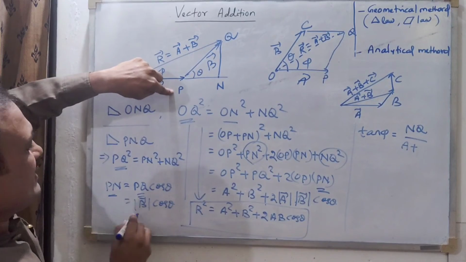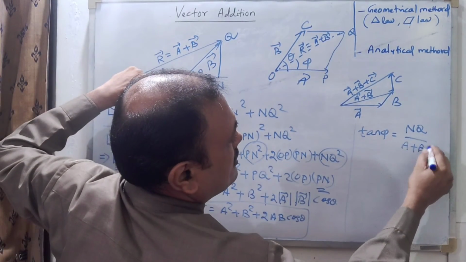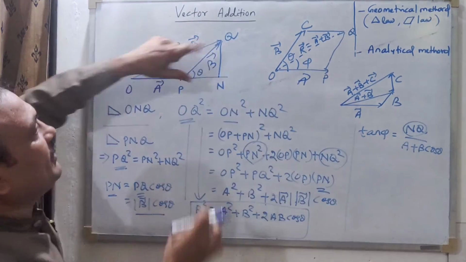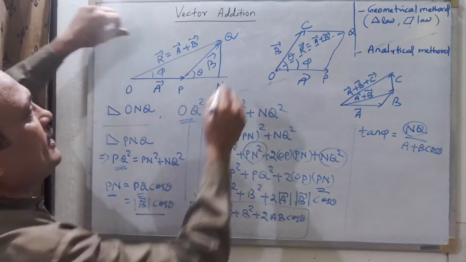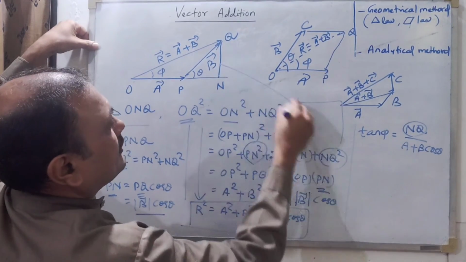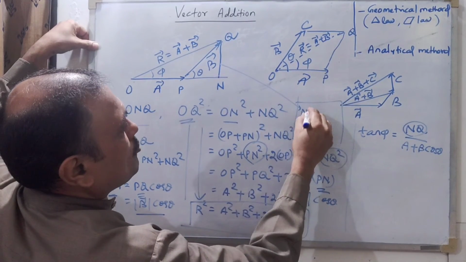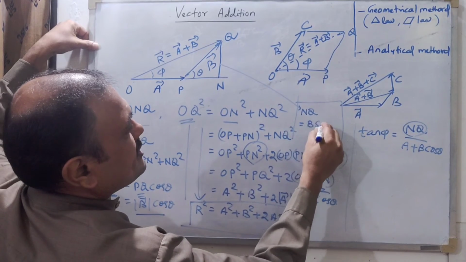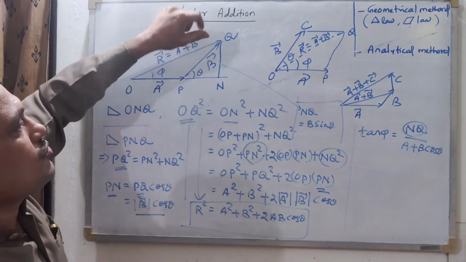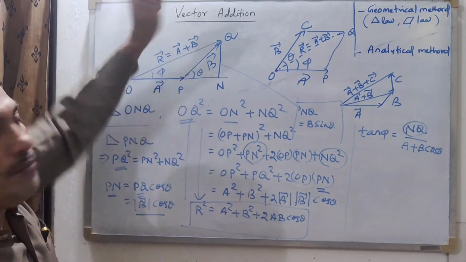What is PN again? That is B cos theta, so A plus B cos theta. So in place of NQ, what is NQ? NQ is nothing but B sin theta, because sin theta is NQ by PQ, so therefore NQ is equal to B sin theta.